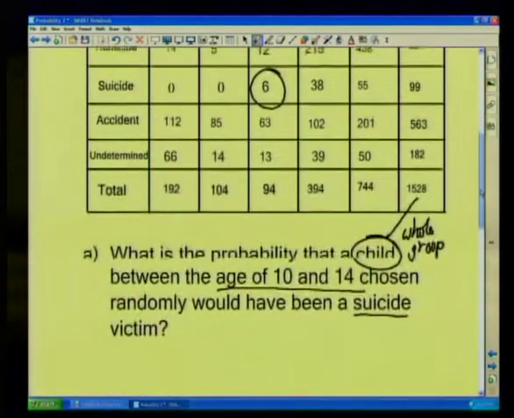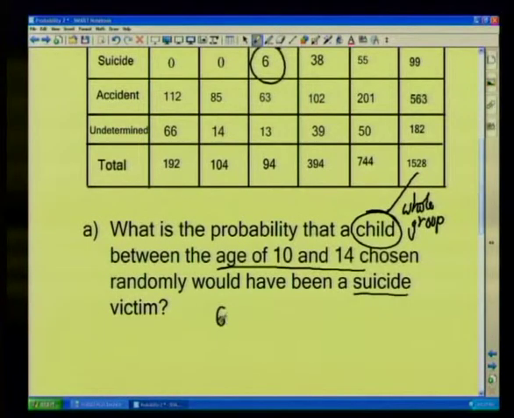Okay, it's going to be 6 out of those 1,528 people that had a suicide between the age of 10 and 14. Okay, again, you could simplify it. I'm not going to do that for you, but I would suggest you do it in an exam situation.